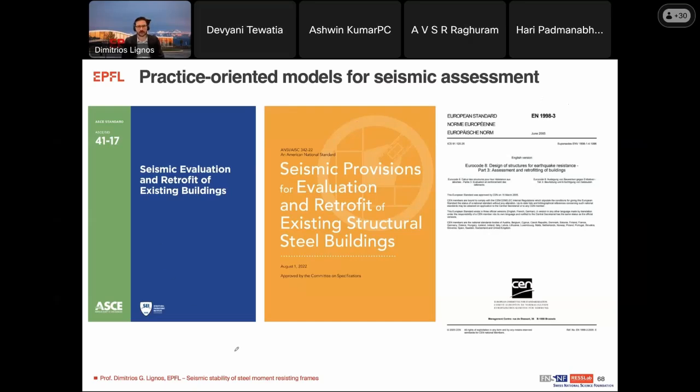And here, some of this work has impacted both the ASCE 41 guidelines for seismic evaluation and retrofit of existing structures, and the newly developed seismic provisions for evaluation and retrofit of existing structural steel buildings put together by AISC. So this is AISC 342. As well as the new Eurocode 8 Part 3, which now includes explicit recommendations for steel systems.